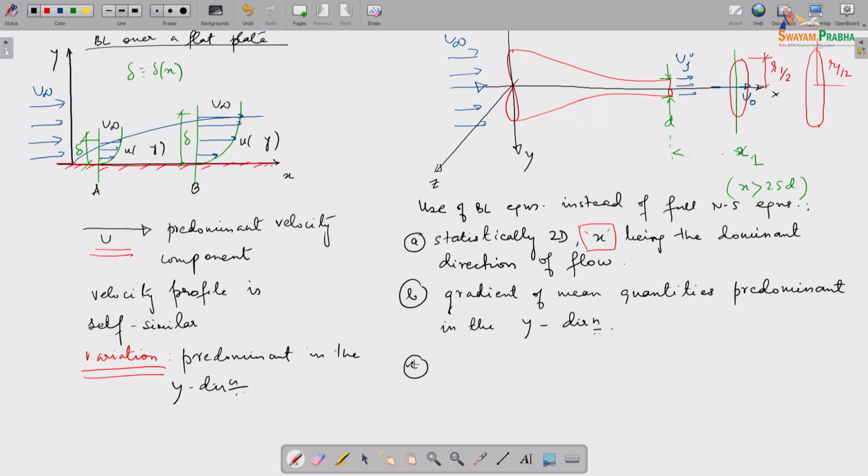Statistics do not vary in the z direction. I'm not getting into that.